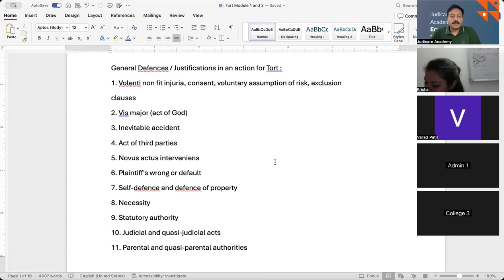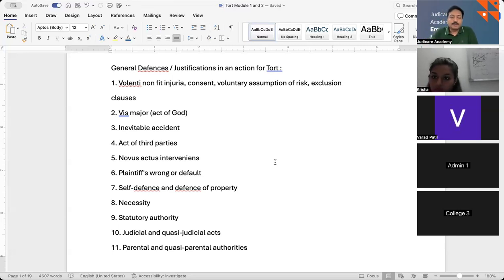So the facts of the matter: a security company's employee accidentally caused a fire that destroyed the property. Now, the contract included an exclusion clause limiting liability for negligence. So there was already a contract signed in that case where anything happening because of negligence was covered.